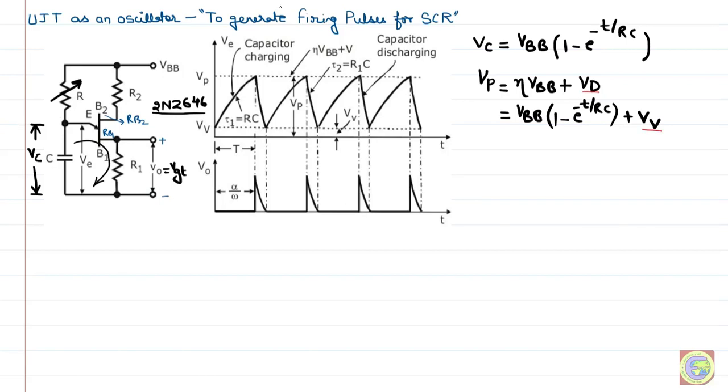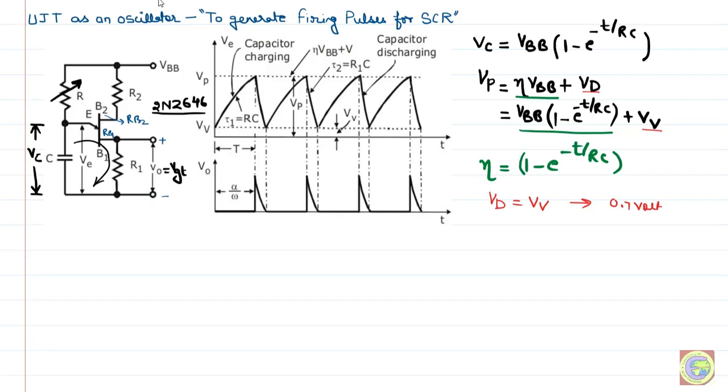Similarly, this value is similar to this value, so we can conclude that eta is equal to 1 minus exponential minus t upon RC, and we can also conclude that VD is equal to VV. In case of silicon, this voltage drop is normally taken as 0.7 volt, else under ideal condition you can also take 0 volt, just for simplicity.